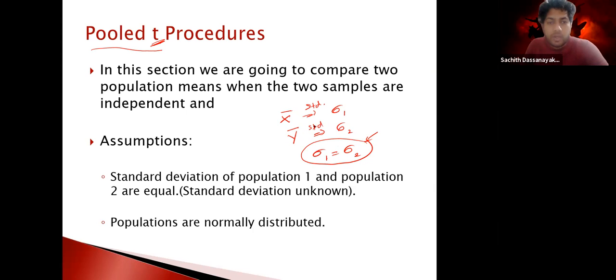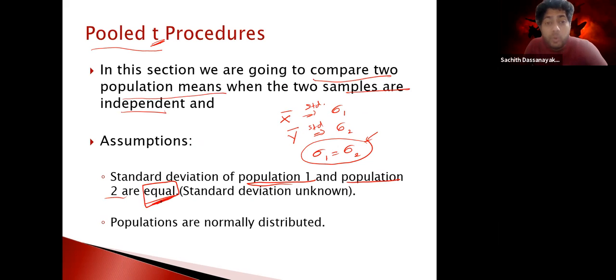In this section, we are going to compare two population means. Same as what we have done before. Samples are independent, the same situation. But there are two assumptions: the standard deviations of population 1 and population 2 are equal. This is the important point here.